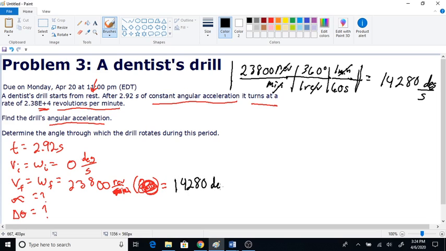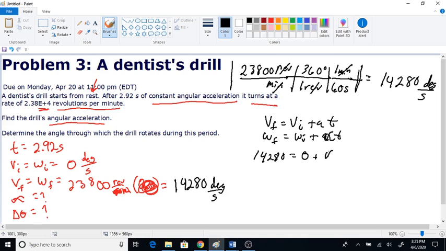Now we want to solve, so we can use this equation, which is V final equals V initial plus a t, or if you'd like to call it, W final equals W initial plus alpha times t. So now we have 14,280 equals 0 plus alpha, which we're solving for, times our time, which is 2.92.